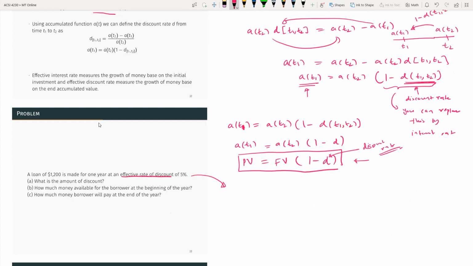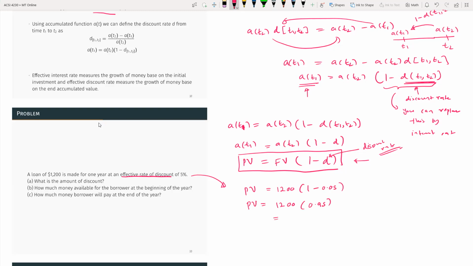The loan is for 1 year, so the future value is 1,200 and the discount is 5%. So I can calculate the present value, which is going to be 1,200 times 0.95.